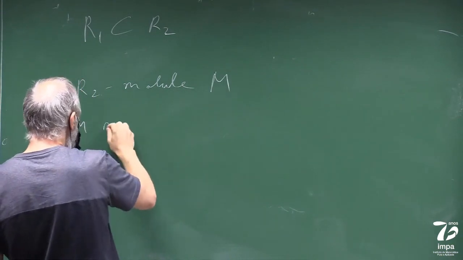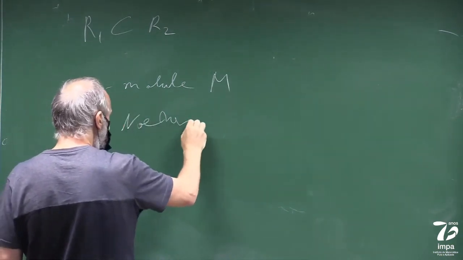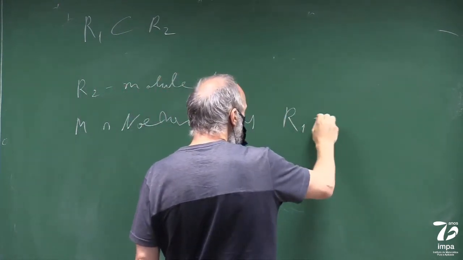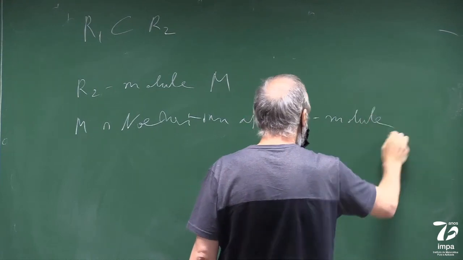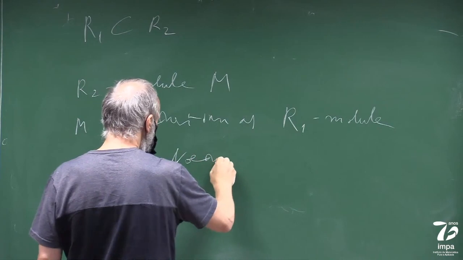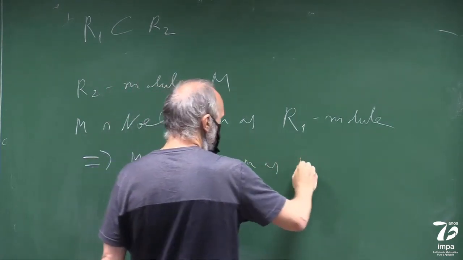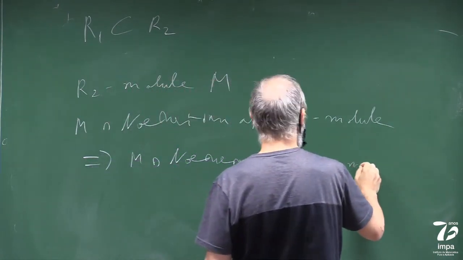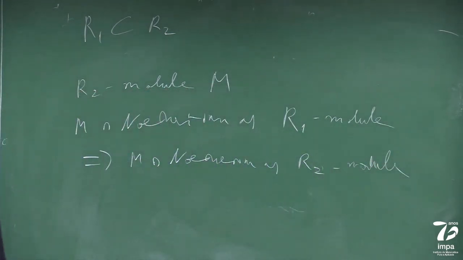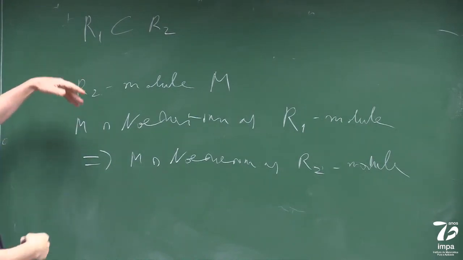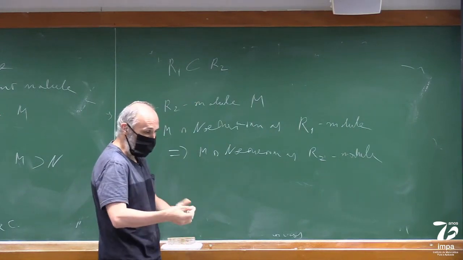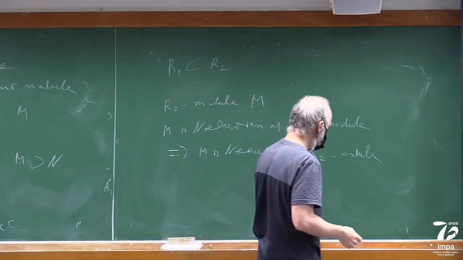If M is Noetherian as an R1-module, then M is Noetherian as an R2-module. So if it's, say, finitely generated as an R1-module with all submodules, these submodules are also R2 submodules, so all chains also terminate.